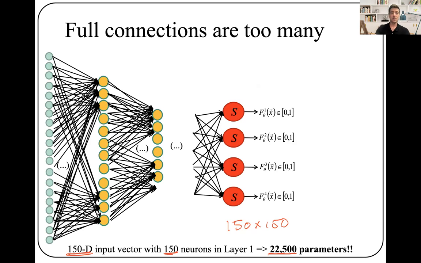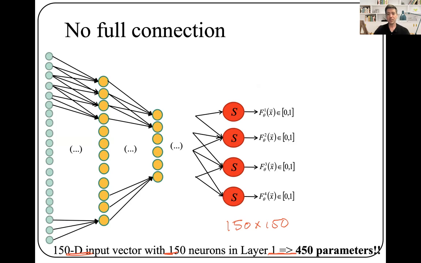So what can we do instead? Well, we can just reduce the number of connections. For example, instead of saying that this neuron is connected to all the neurons in the previous layer, we can say that it's connected to only 3 neurons of the previous layer. And the position of the neurons to which it is connected is related to its position.